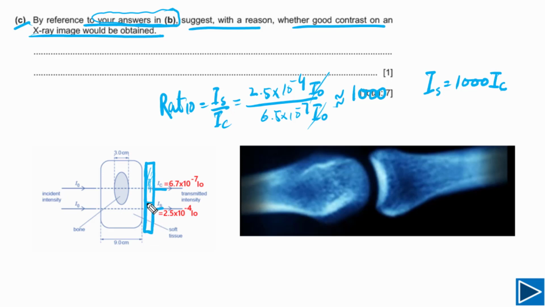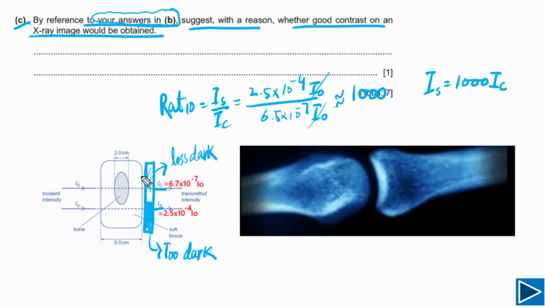So this part will be dark, and this part behind the bone will be white. We can simply say the part behind the soft tissues will be too dark, and the part behind bone will be less dark, or simply it will stay white.